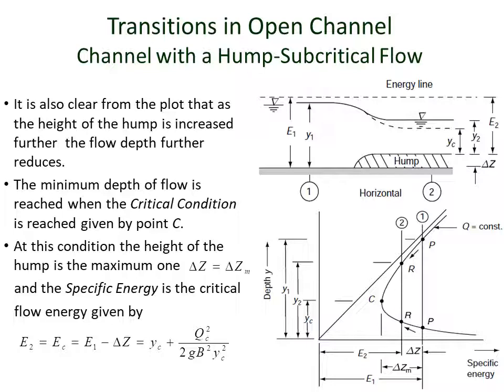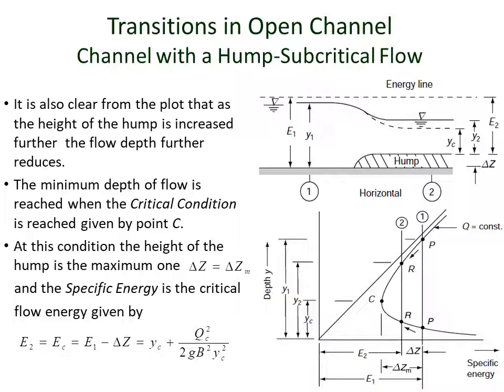Please note in the specific energy diagram that point C gives the critical condition, and for a specific discharge, the specific energy can be reduced only to a value up to the critical energy.